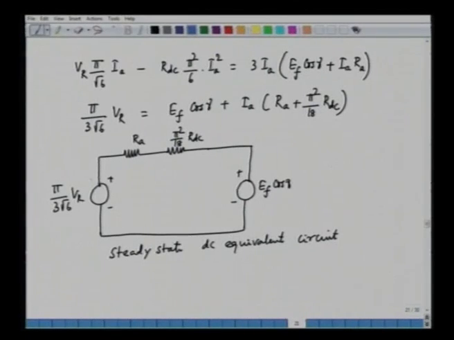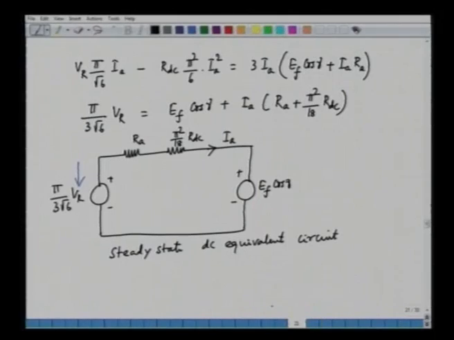So, if we change this VR, we will have an increased current, and the current in this circuit here is IA. So, if we increase VA, IA will be increased, and if IA is increased, there will be more and more torque, and the speed will be increased.